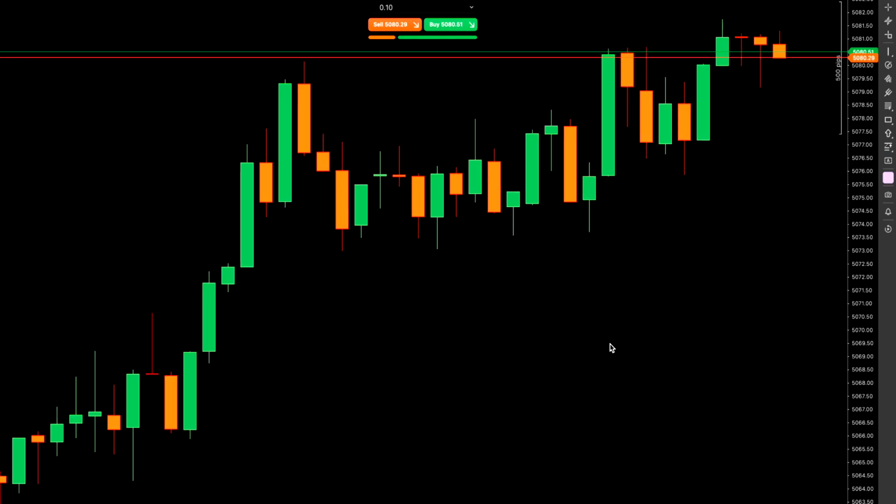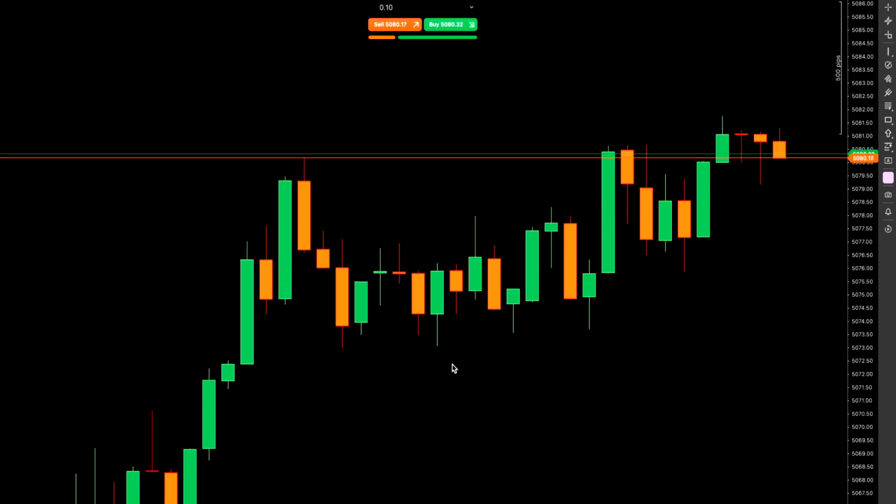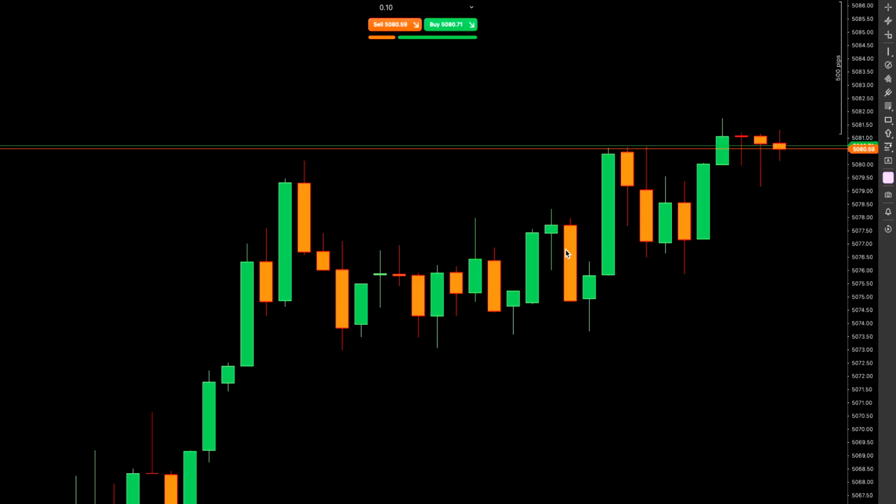So for those of you that are veterans and not new to trading, what we are looking at right now, you can call it range, or consolidation.